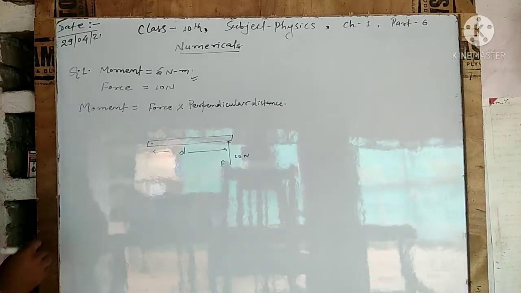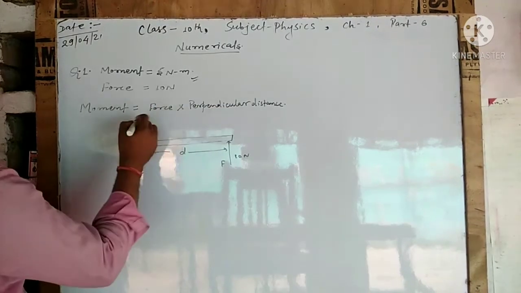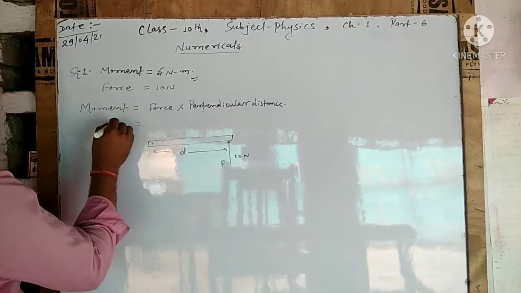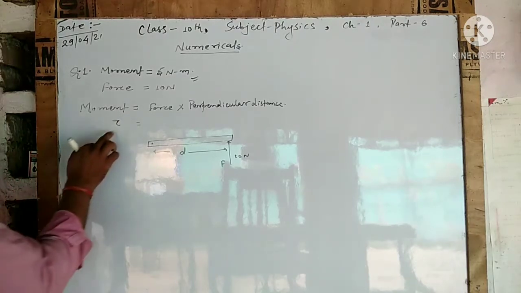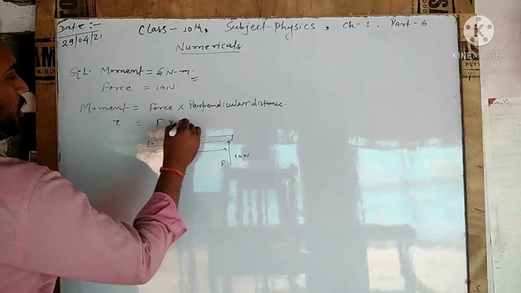As we know, moment is equal to force into perpendicular distance. So the moment, which we represent by tau, is tau equals F into perpendicular distance.